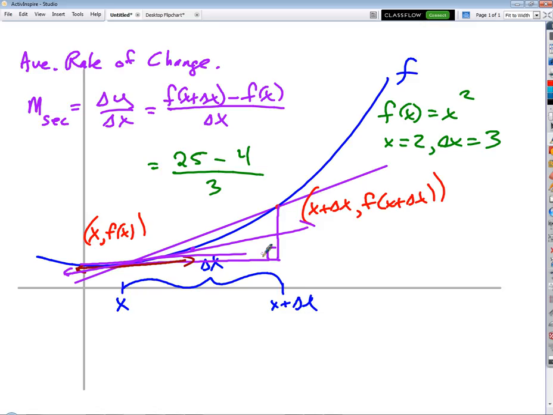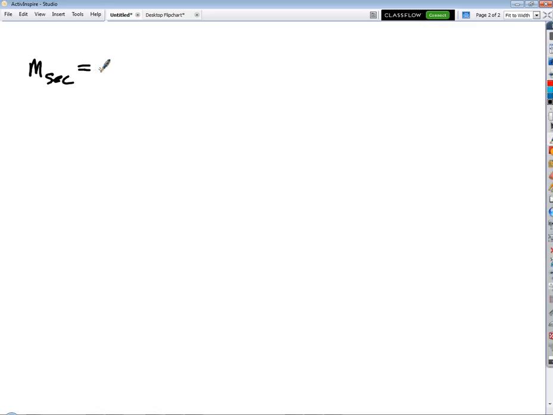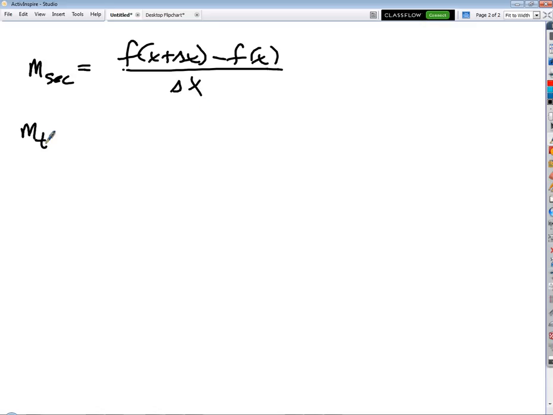So what's that going to look like then? If we take this limit, I'm going to leave the picture for a second, and I'm sure we'll draw it again a million times. But if the slope of the secant line was equal to f of x plus delta x minus f of x over delta x, how are we going to get the slope of the tangent line?